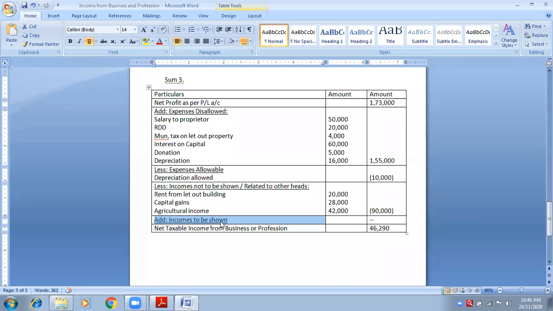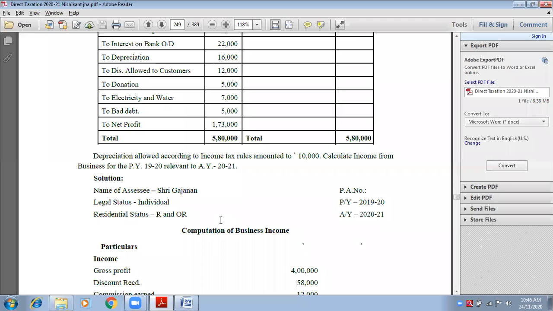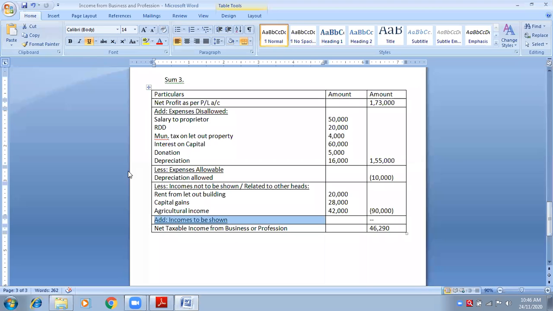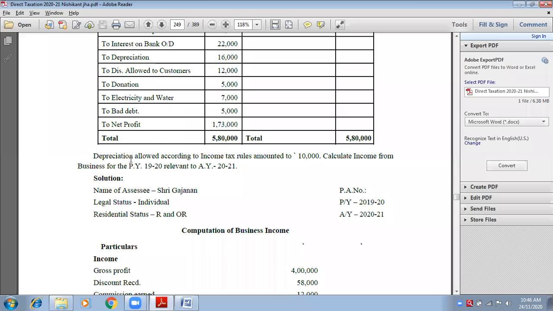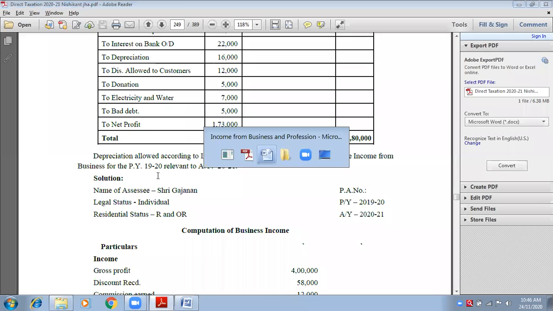Very good. So can you tell me, is any income given in the adjustment? Because we are doing incomes to be shown. No, ma'am, no income is given in the adjustment. Therefore, this item will be nil.